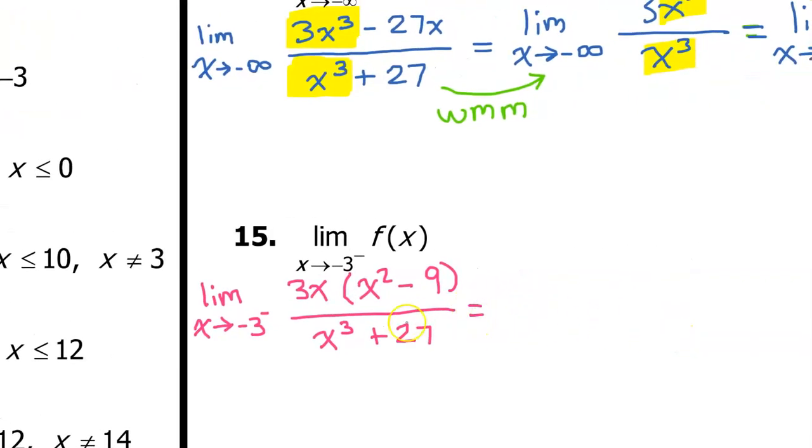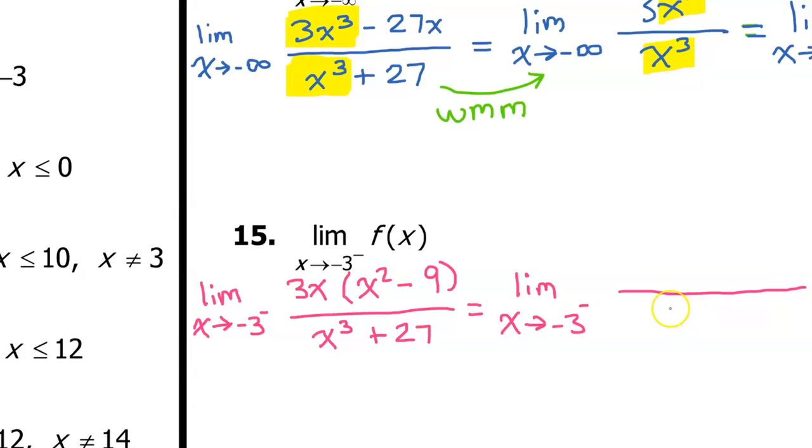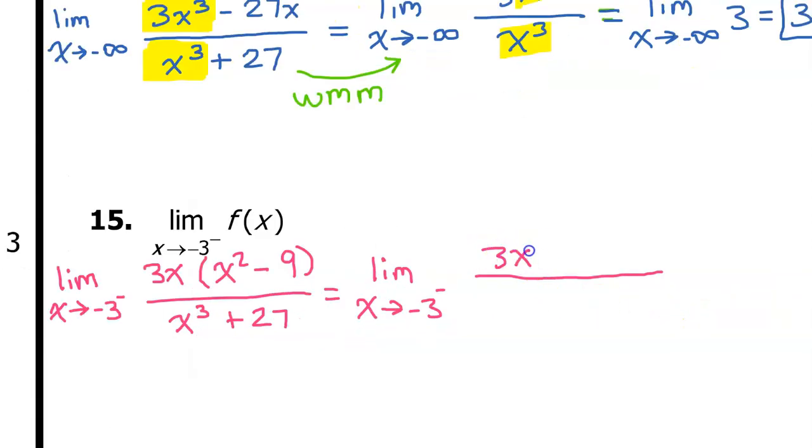So let's factor some more. So this limit will equal the limit as x approaches negative 3 from the left of, in the numerator, 3x, and x squared minus 9 is the difference of two squares. So that will factor further as x plus 3 times x minus 3.